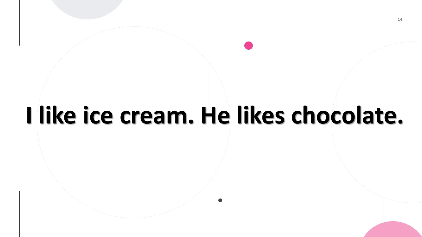Now, let us try using the words that we have learnt in some other way to show how two things are different. Look at the example. I like ice cream. He likes chocolate. Well, here just one word is needed to connect the sentences to show how different these two statements are.